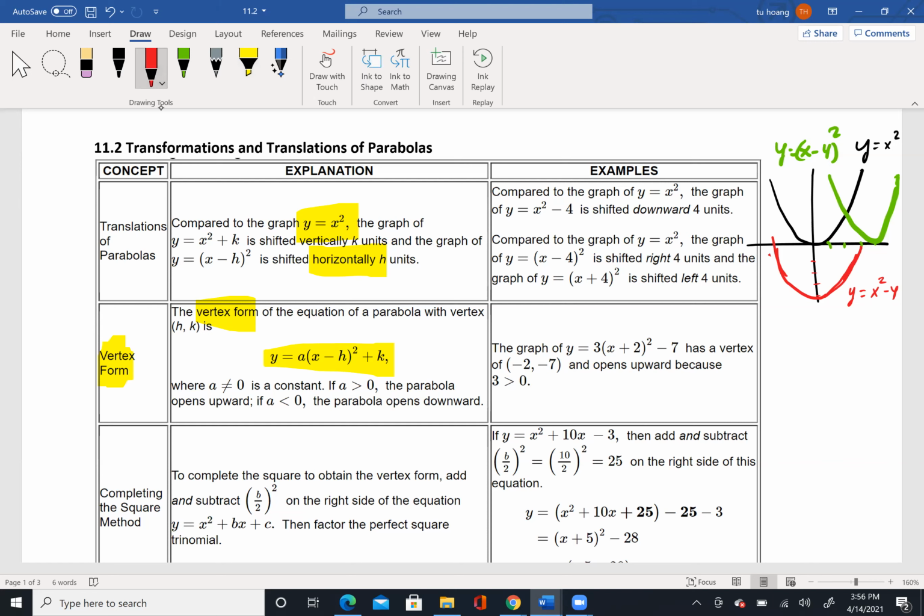In here, remember that a is not equal to 0. Also a is a constant. If a is greater than 0, then the parabola opens upward, and if a is less than 0, then the parabola opens downward.